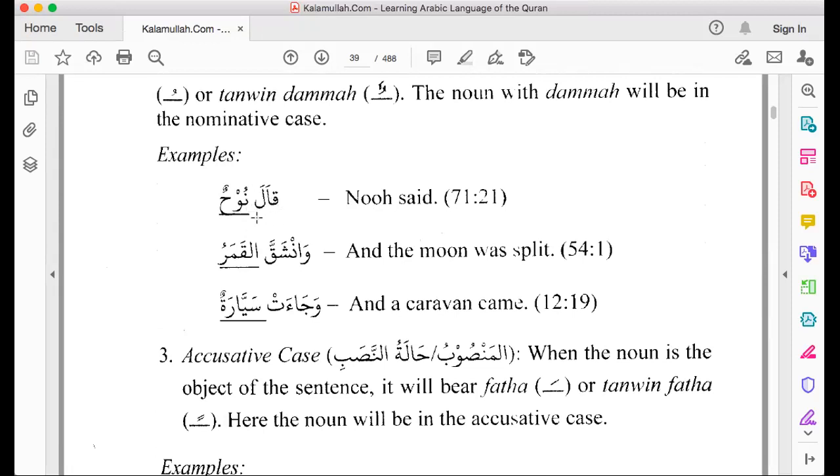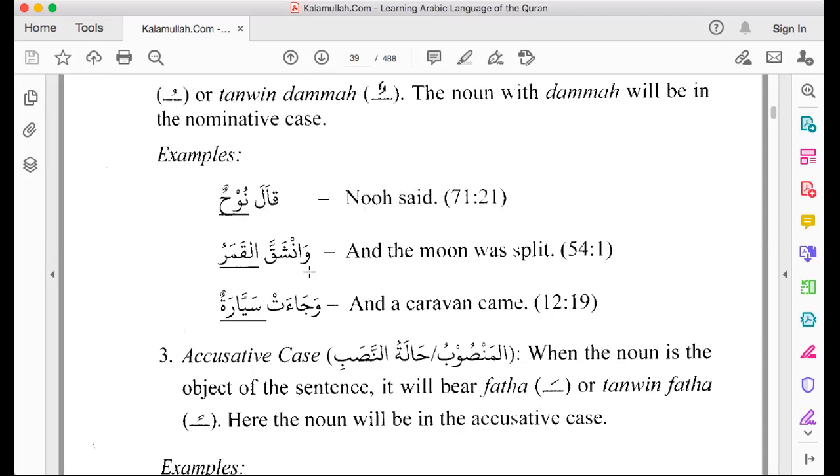Again, verbal examples, but that's quite okay because even if you don't know verbs, we can look at the translation and say, okay, qala means said. So who said? Nuhun said. So who's the subject of this saying? Who did the action of saying? Nuhun did the action of the saying, right? So that's the reason for having this dhamma. It is in the state of marfu'un.